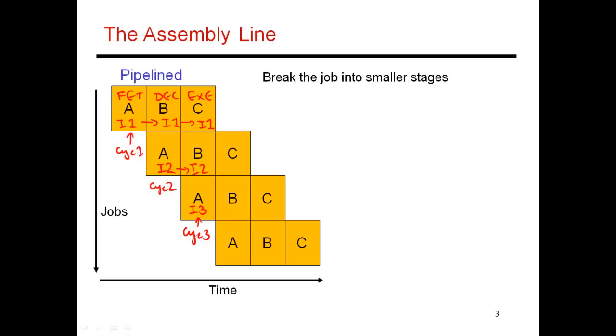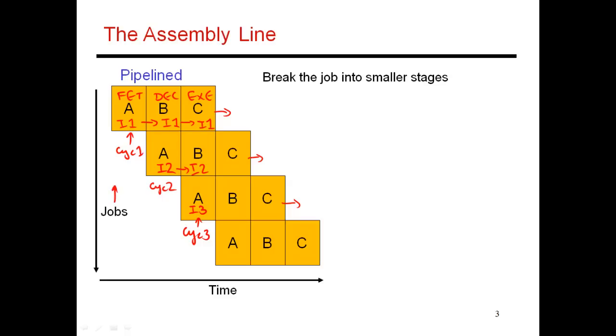Okay, and so at the end of cycle 3, one instruction has finished in its entirety. It now graduates and leaves the processor. Sometime later, at the end of cycle 4, instruction 2 is going to graduate. At the end of cycle 5, instruction 3 is going to graduate. All of these tasks are being coordinated with a clock, right?